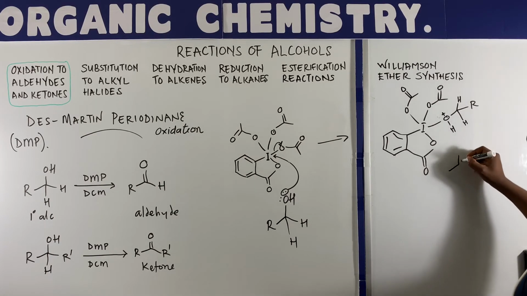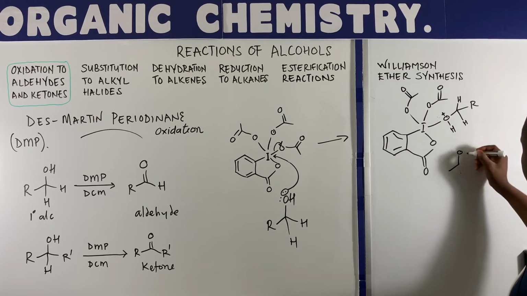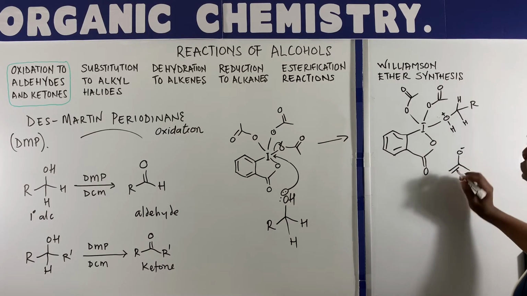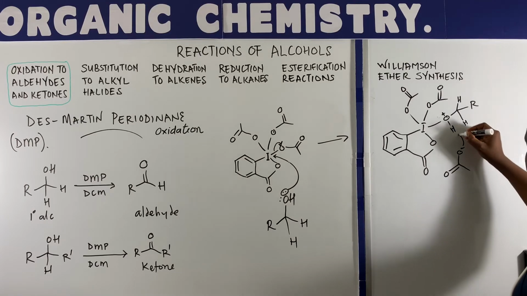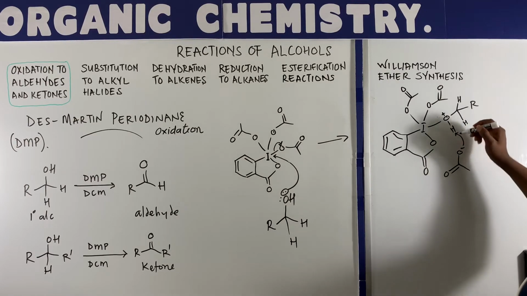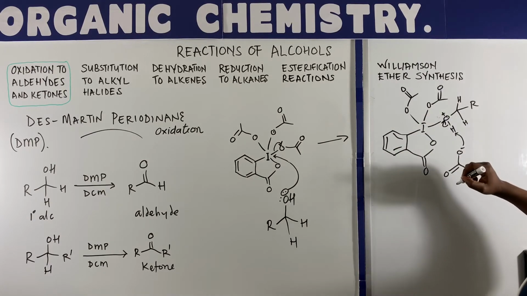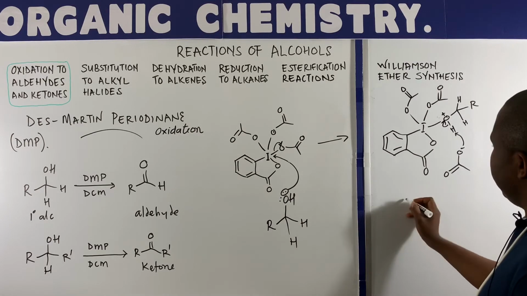This is the acetate ion. It is going to pick up this proton because it's going to serve as a base. It picks up this proton, and this electron goes onto the oxygen atom, and we have this.